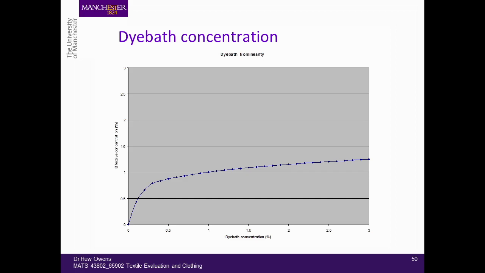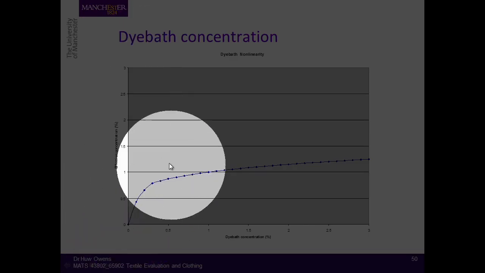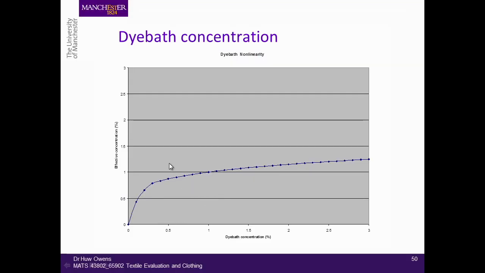So down here is a white piece of fabric. As we add dye to the fabric, it very quickly changes colour. So we start to get a very rapid change in colour as we go up here, until we get to a point where we can't get any more dye onto the substrate.